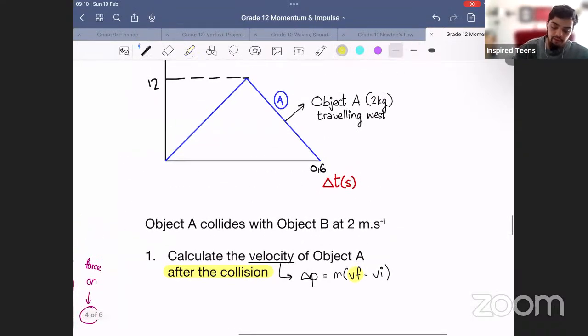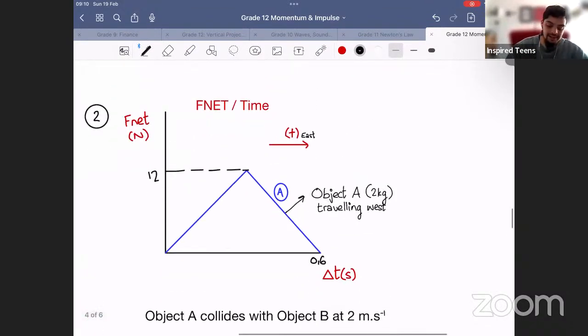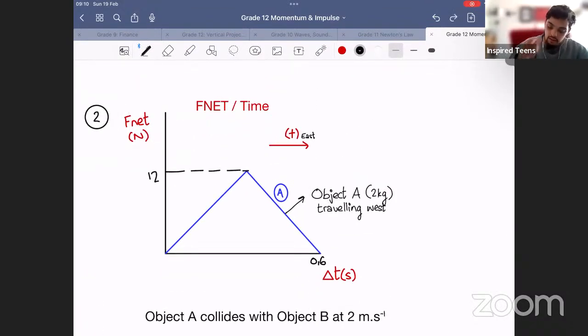Now we have the objects. On the graph, we have the object's net force during collision, 1 second.